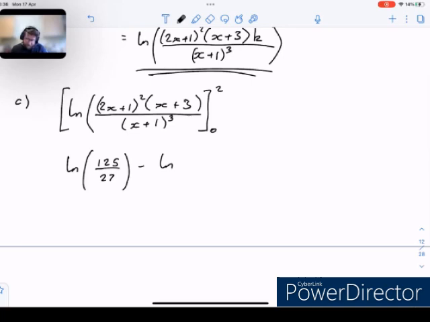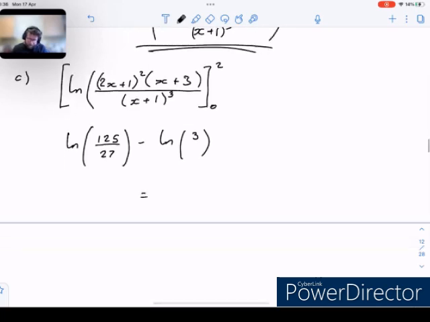So that would be 1 times 3 on the top and then 1 on the bottom. It's just log 3. So this becomes log of 125 over 27 times 3. 81.